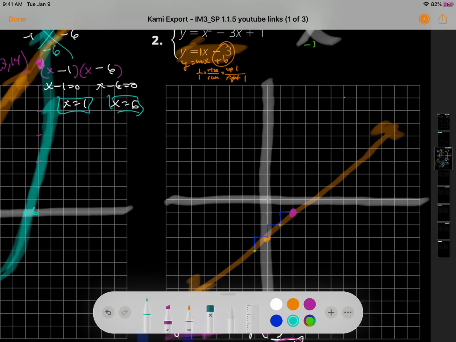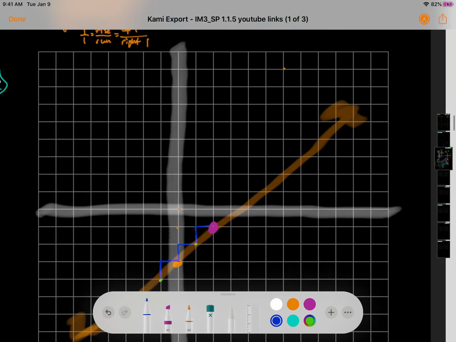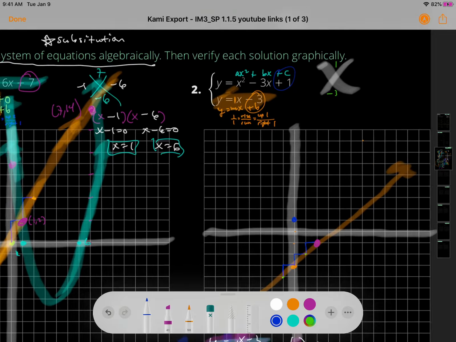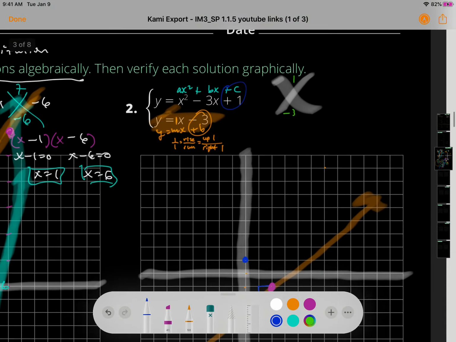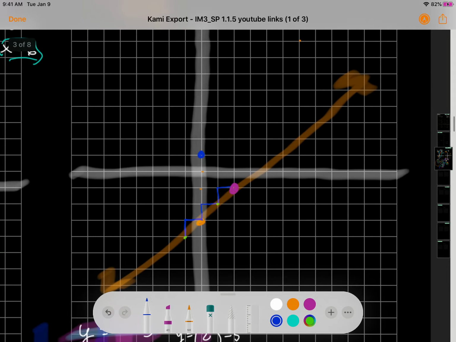But how does my graph go through there? So this is in standard form, ax squared plus bx plus c. And we have a y-intercept of 1. There's my y-intercept. Okay. The a value is positive, so positive people smile. So it's going to graph up. Okay. So we need to go through there and go through it once.